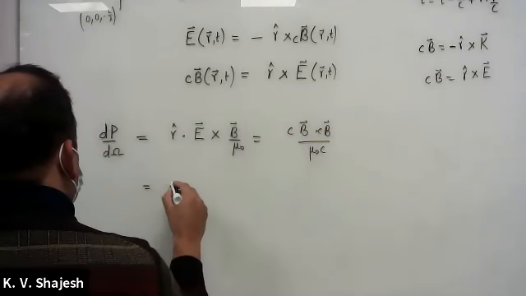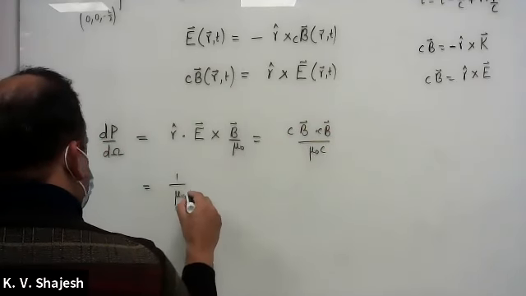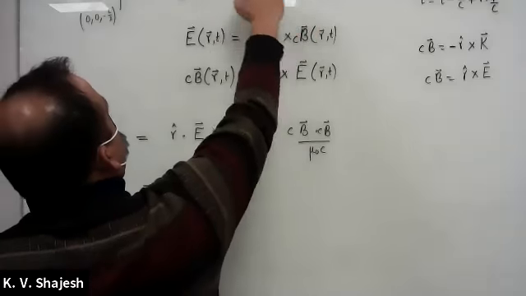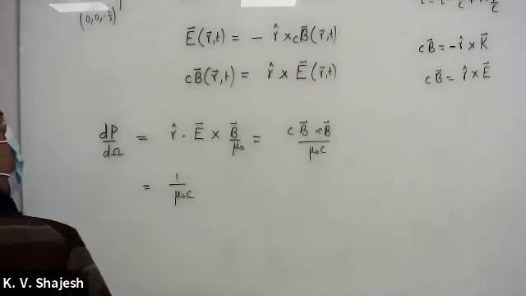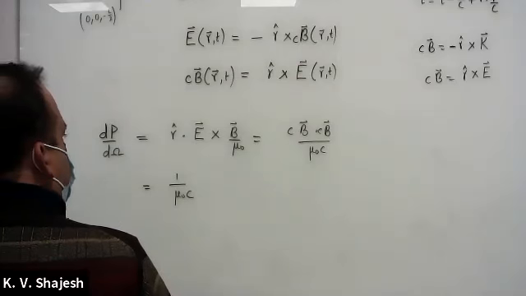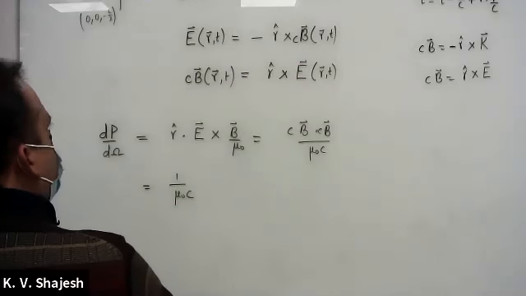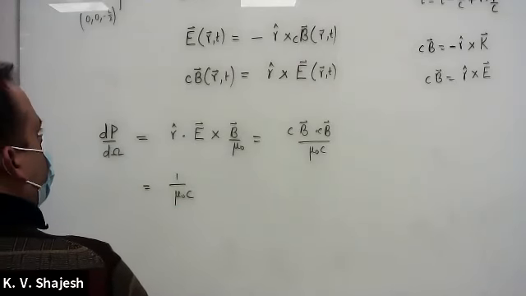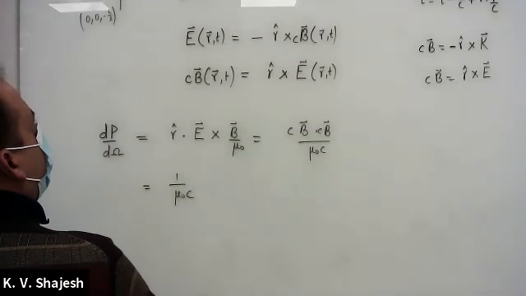So this was equal to c times B, which is given in terms of this whole quantity in there, and we calculated this and we showed that.